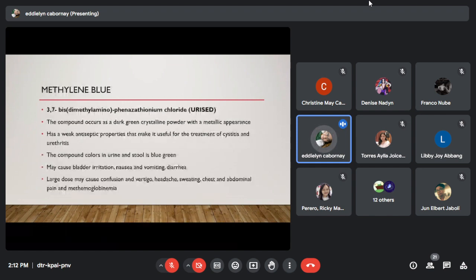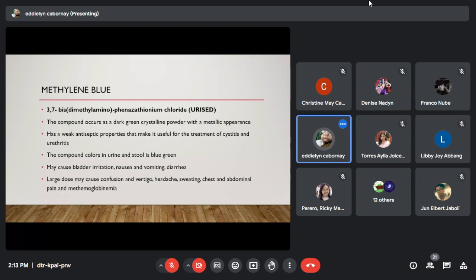We also have methylene blue. Methylene blue is the antidote for cyanide poisoning. Again, the antidote for cyanide poisoning is methylene blue. Methylene blue is also the primary emergency treatment for symptomatic methemoglobinemia.